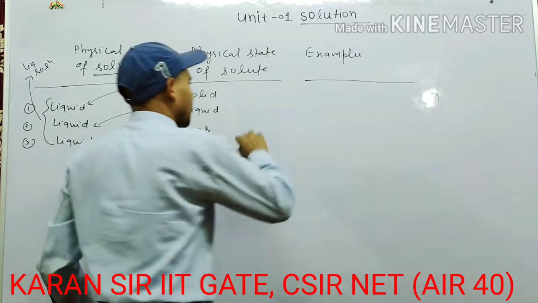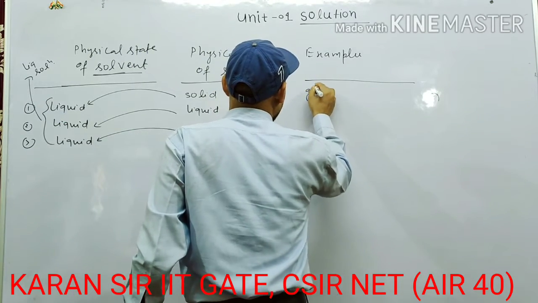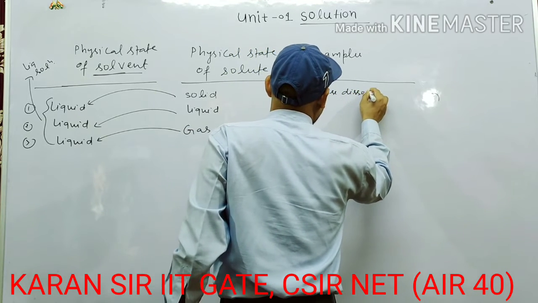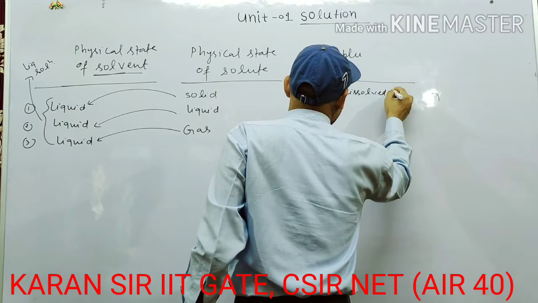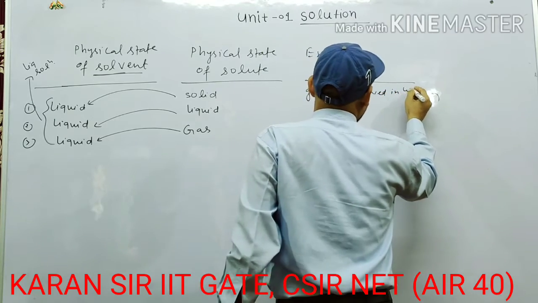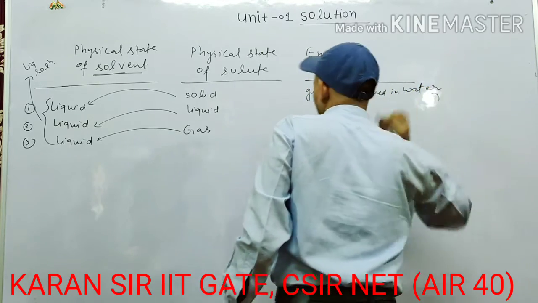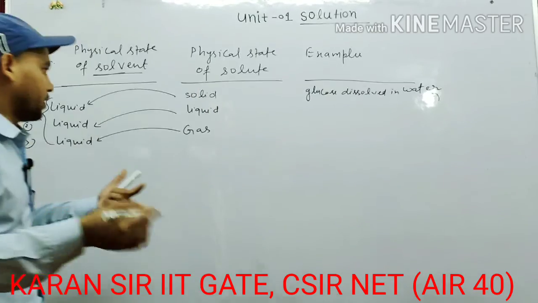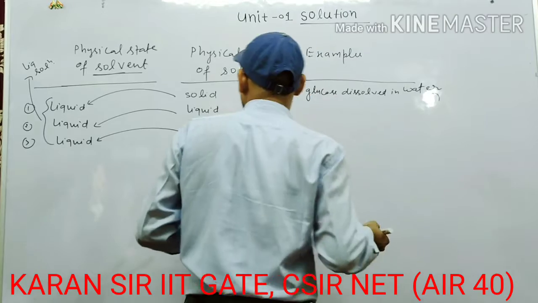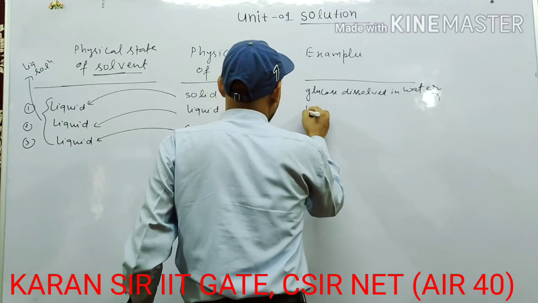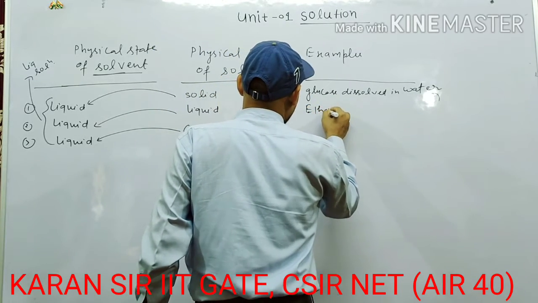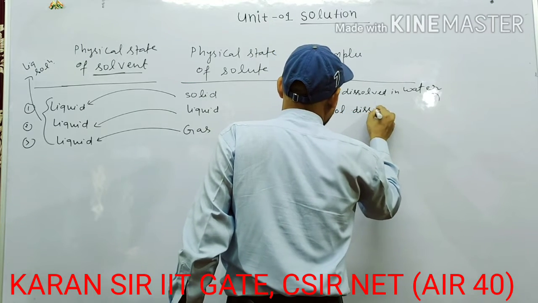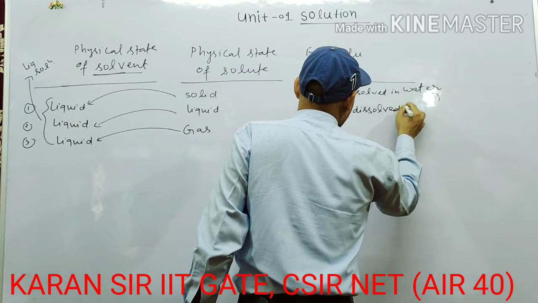For example, solid in liquid, that is glucose dissolved in water. Liquid in liquid, ethanol, propanol, butanol, etc. Ethanol dissolved in water.